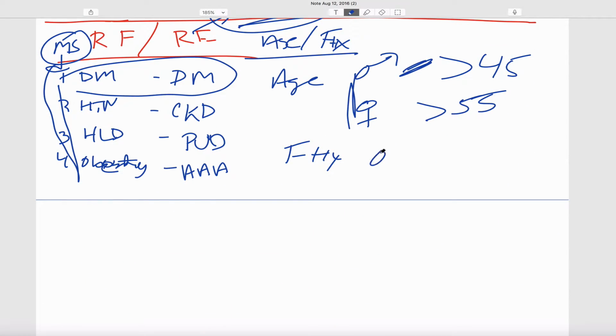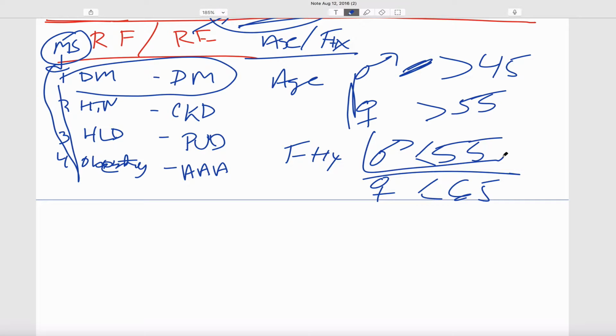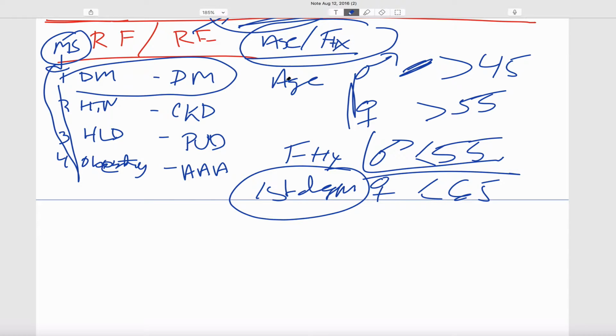It's basically a male that had heart disease or coronary artery disease before 55, a male less than 55, or a female less than 65. So female less than 65, male less than 55, first degree family member. So a first degree family member actually gives you a risk factor for coronary artery disease. So we have risk factors or risk equivalents, and then age and family history.